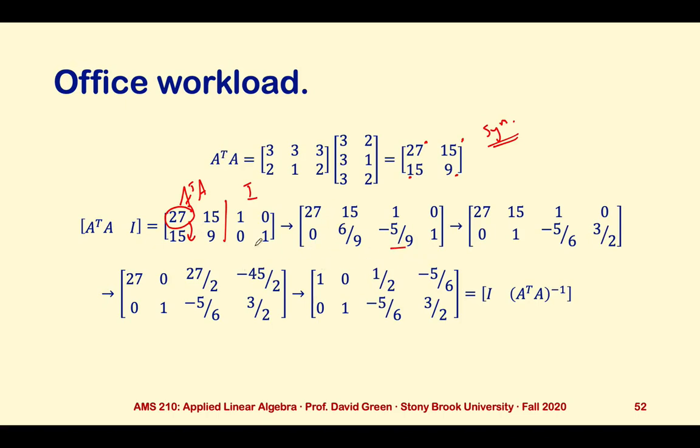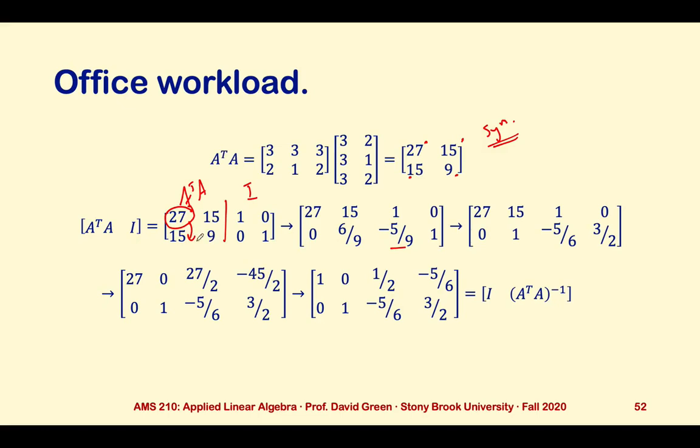So we subtract 5/9 of the first row from the second. 27 minus 27, of course, gives us 0. 9 minus 15 times 5 over 9. 15 times 5 over 9 is 75 over 9. And 9 is, of course, 81 over 9.